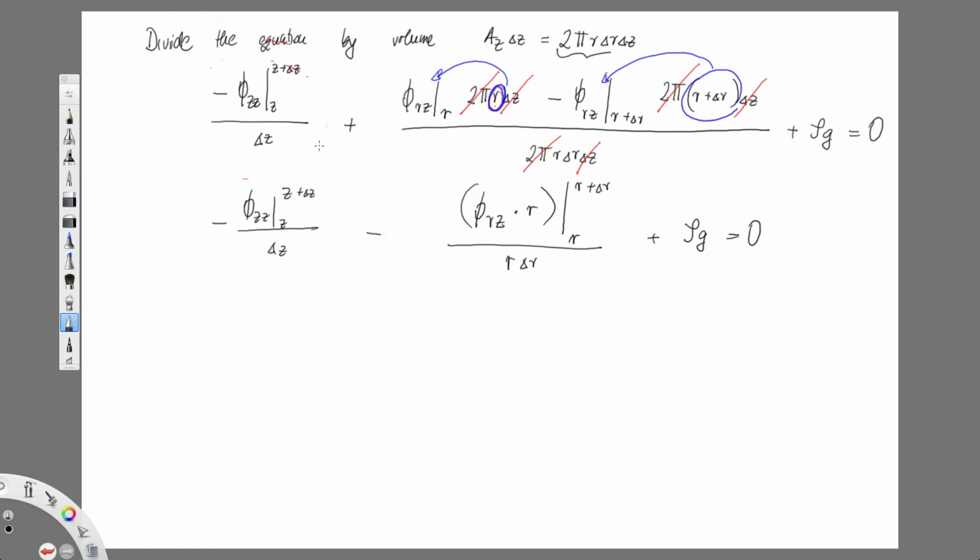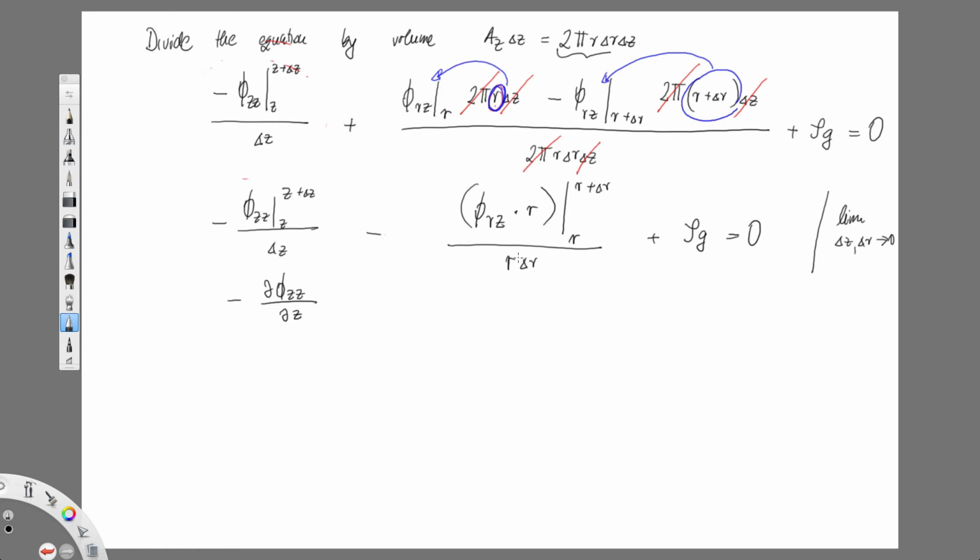Okay, so now I go and take limits. I now shrink my shell to a point, and I take the limit as delta z and delta r go to 0. The first term is easy, so what will I get when I take the limit? Partial derivative, so it's ∂/∂z.